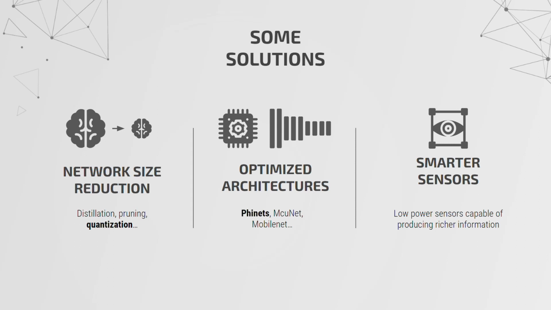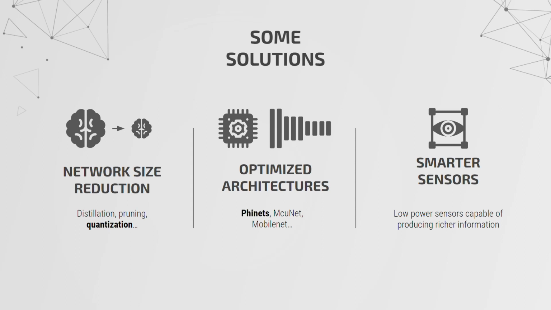We can also rely on some optimized neural network architectures that are designed from the ground up to be able to run on these devices. One example is the finite family that we will use in the course of this research. These are, as I said, networks that are designed in order to minimize the hardware resources needed to run on these very small devices.